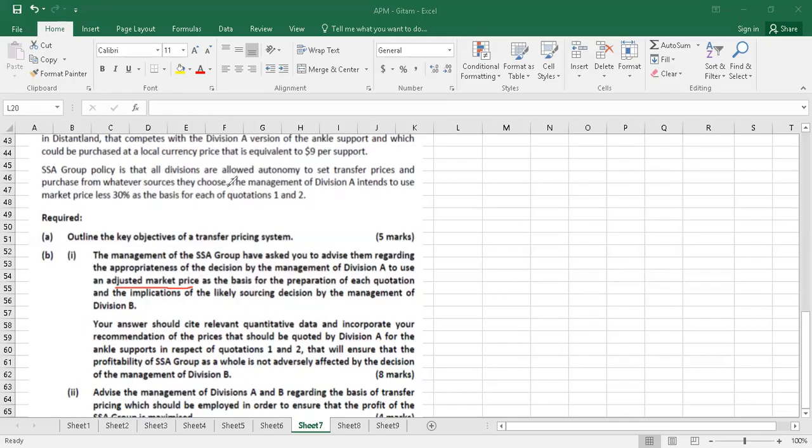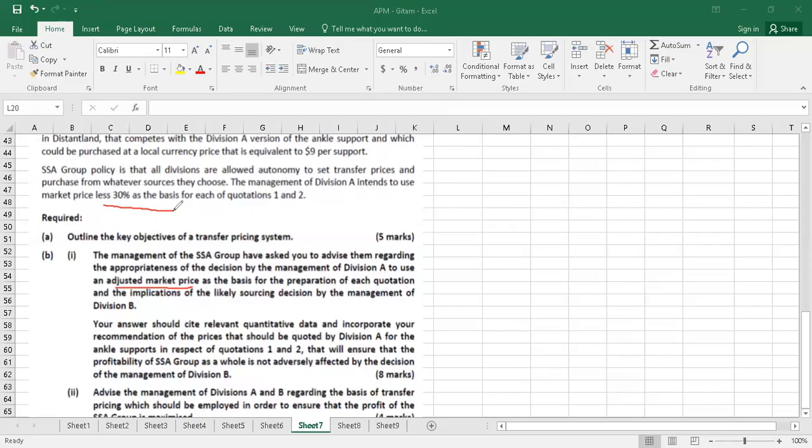The management of Division A intends to use market price less 30% as the base. So whatever price they are offering to external customers, they want to give a 30% discount, reduce the price by 30% and use that as the transfer price. Now, is it appropriate to reduce the market price by 30%? So that's what is asked.